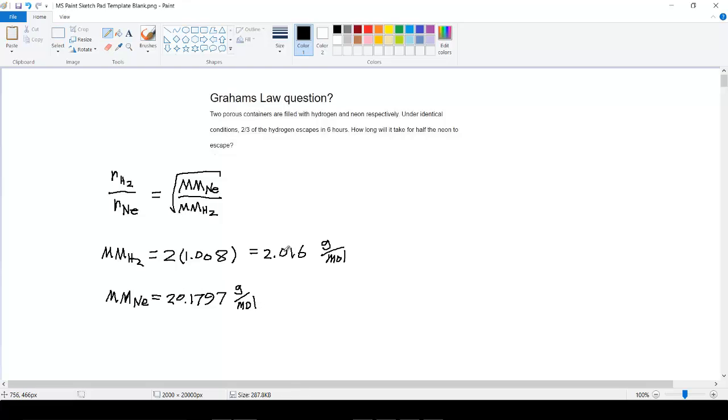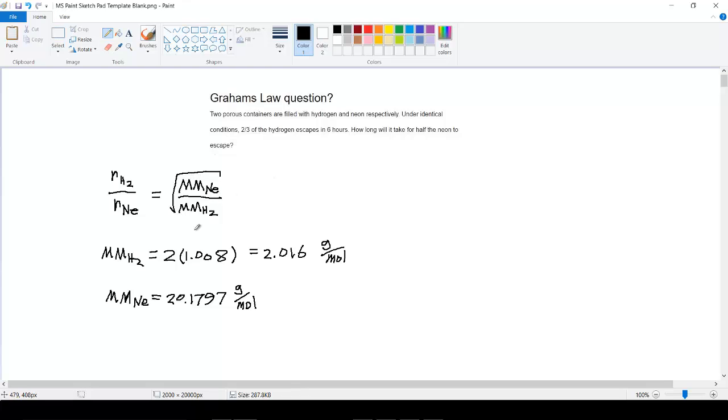And I'm probably leaving more significant figures on these numbers than I need to. Extending this number out to 6 digits is probably not necessary, but it won't hurt anything in the end, I suppose. We don't have to multiply by anything because it's just neon by itself. It doesn't combine with itself, so it's good to go.